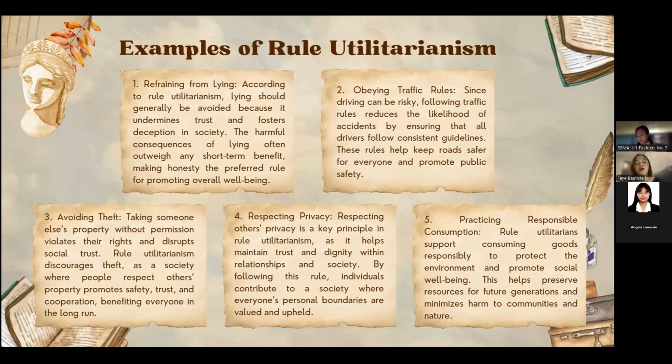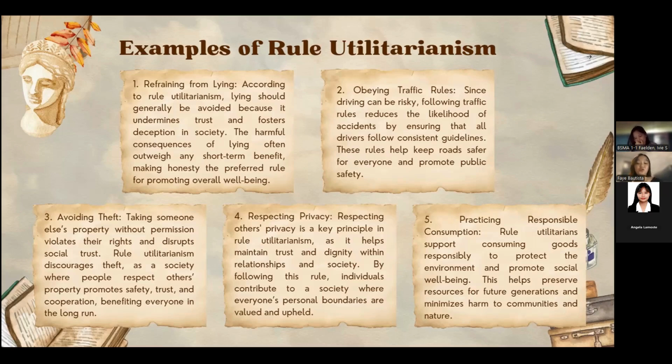Third is avoiding theft. Respecting others' property rights builds trust and cooperation within a community. A society where theft is minimized is a safer, more stable place. Fourth is respecting privacy. Valuing others' privacy helps maintain trust and respect in personal and professional relationships.